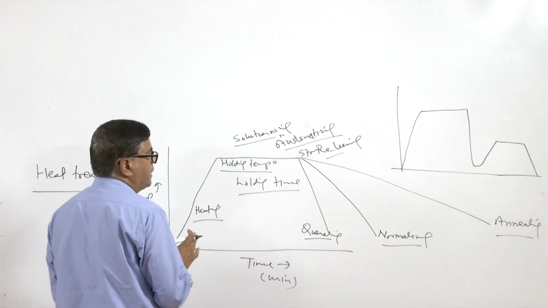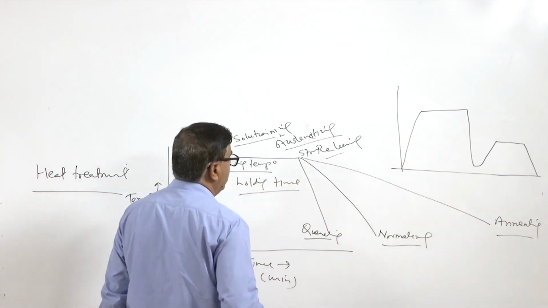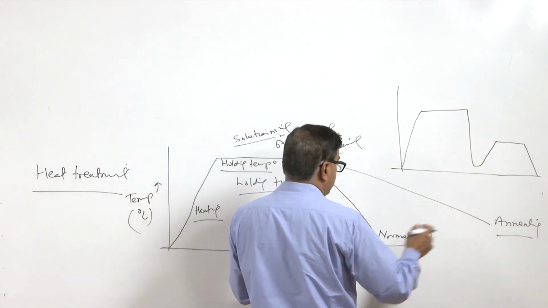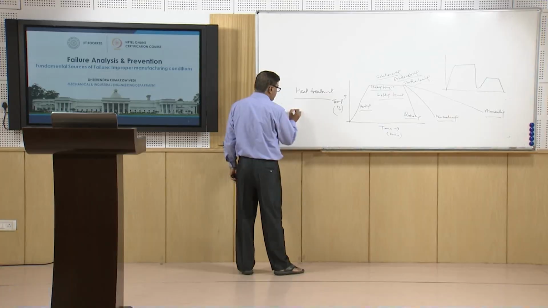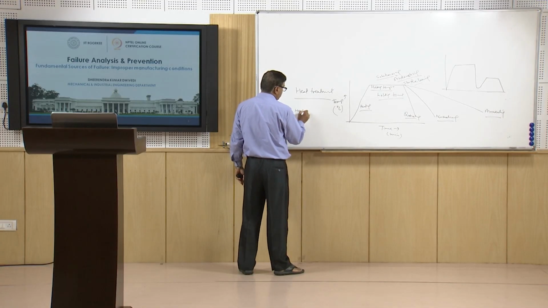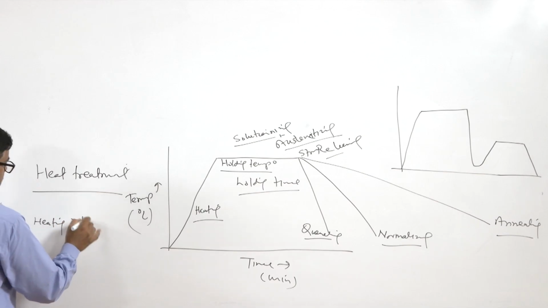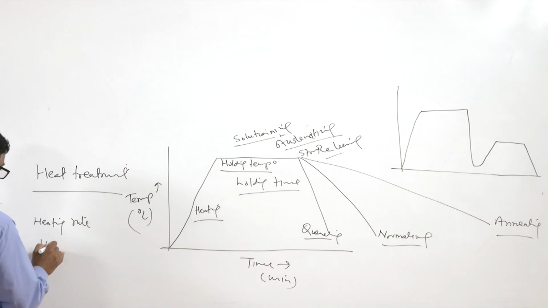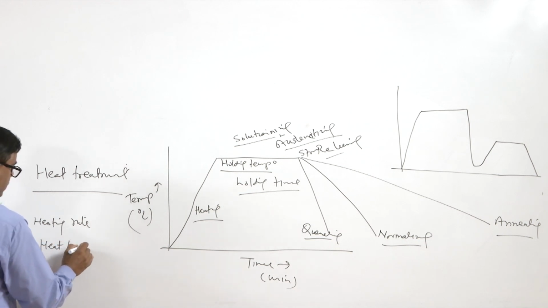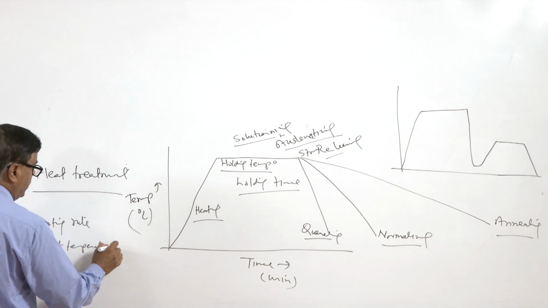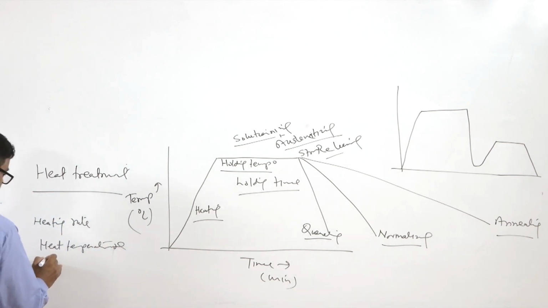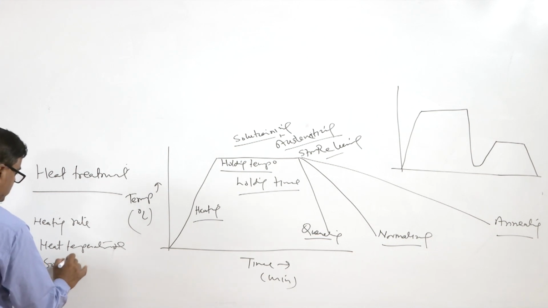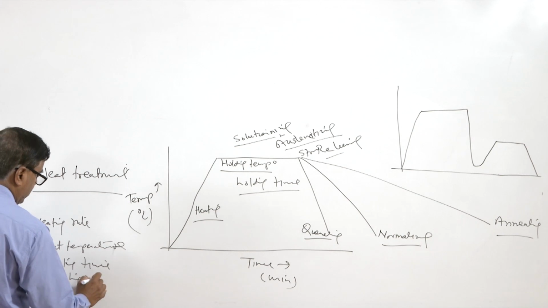It has to be optimized as a part of the procedure, and thereafter, as per the purpose, different cooling rates need to be applied. So, there are three things basically: the heating rate, the holding or soaking temperature, the soaking time, and thereafter the cooling rate.